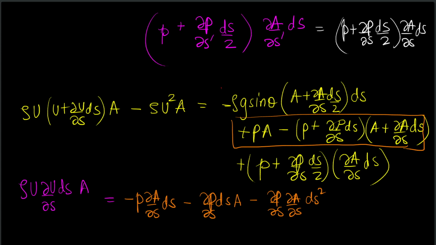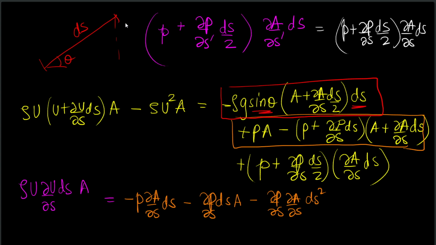Now let me write down this term. Recall that this is ds, this is θ. So ds sinθ is going to be dz. So this is going to be minus ρgA dz minus ρg ∂A/∂s ds/2 dz. No problem.